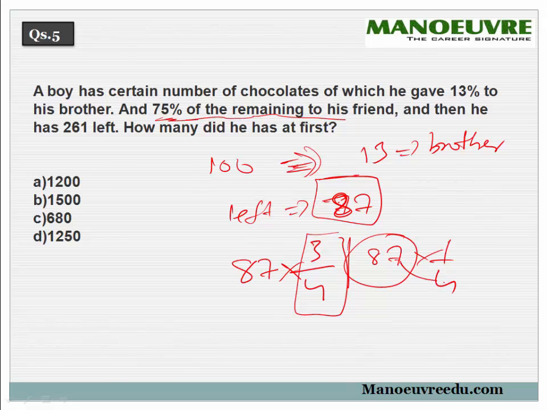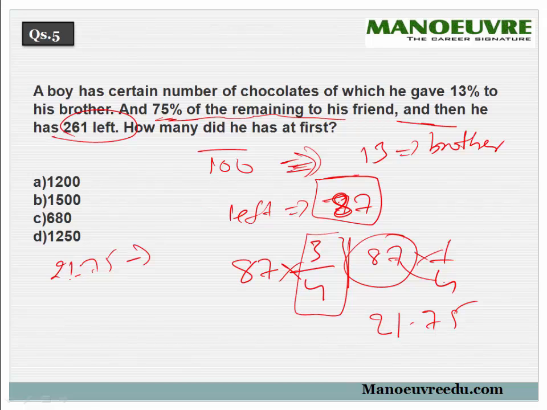So 25% of this is what? 87 divided by 4 gives 21.75 remaining, and according to the question, he is left with 261.